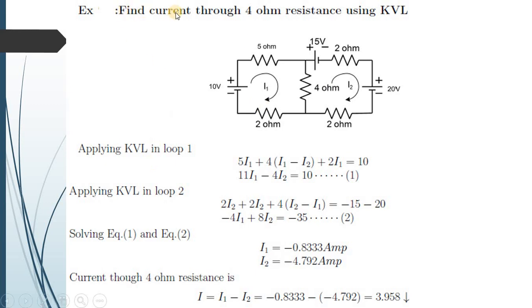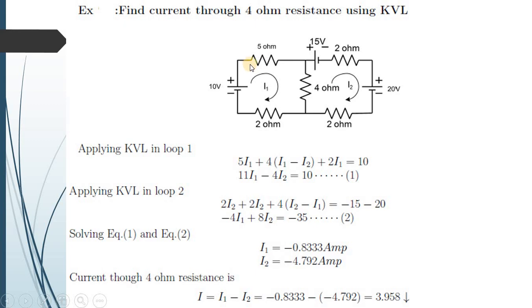Find current through the 4 ohm resistance using KVL. See, this is the network given and you have to find the current through that 4 ohm resistance by simply using KVL. This is the first loop having the current I1. This is the second loop having the current I2. So apply KVL in loop 1.